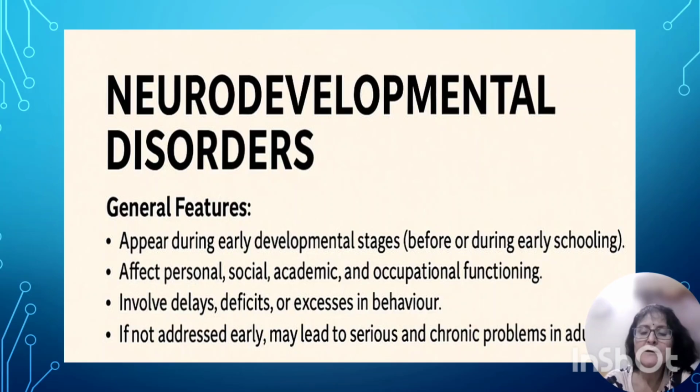Then there is some problem which is also affecting his IQ in the later stages. If it is identified early and timely intervention is given, then the child gets benefit from it. And for this reason it is being talked about so much these days.